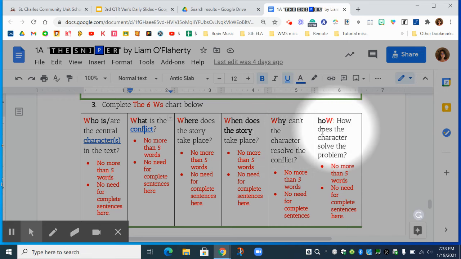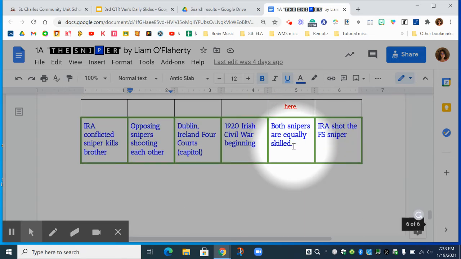Now, the whys and the hows are a bit more complicated. It requires a little more sophisticated thinking, a little more critical thinking. Why can't the character resolve the conflict? Well, the conflict is the main character is being shot at by the enemy sniper. And one reason why the main character cannot resolve the conflict is because both snipers are equally skilled.